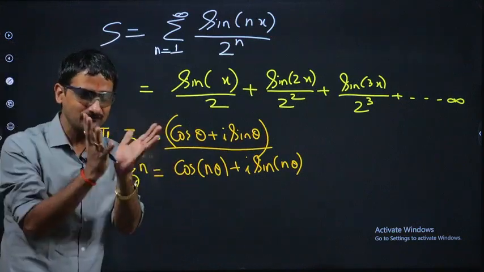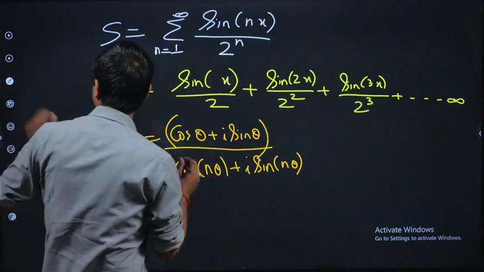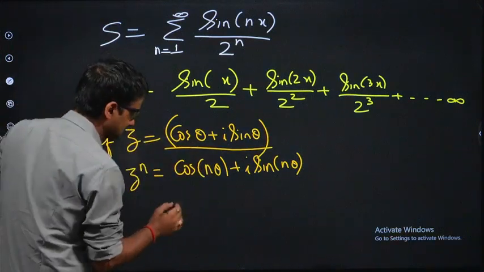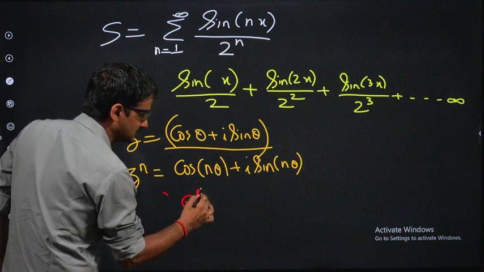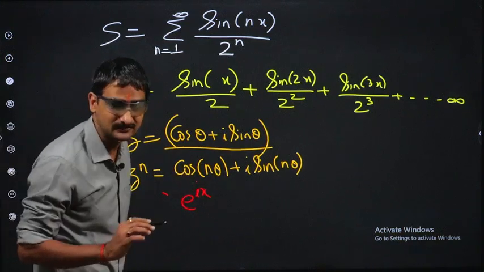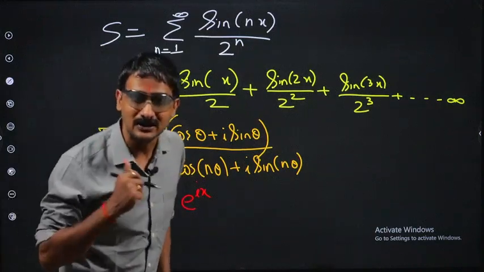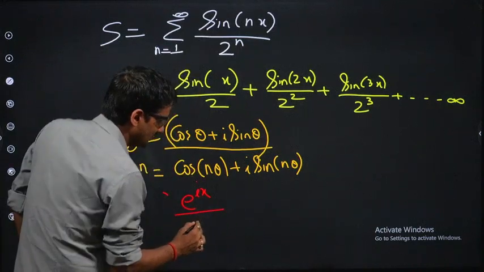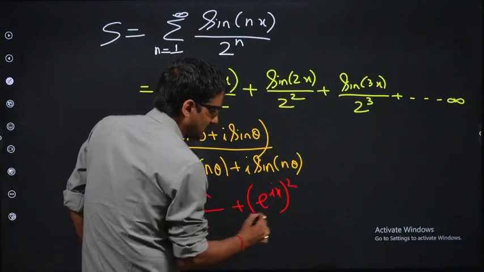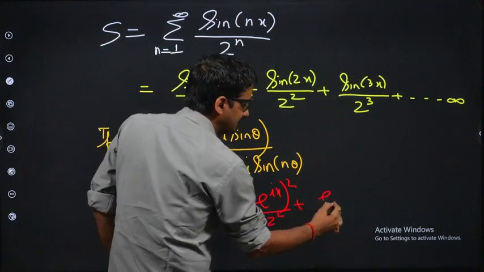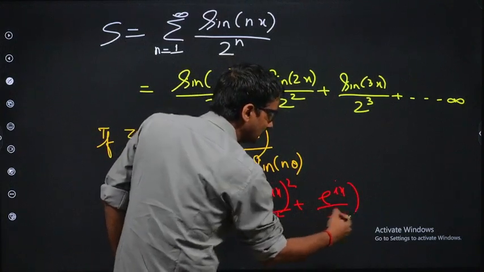See how we need to think. So let me consider something in this form: e raised to the power iota x, that means cos x plus iota sin x, upon 2, then e raised to the power iota x whole square upon 2 square, e raised to the power iota x upon 2 whole cube.